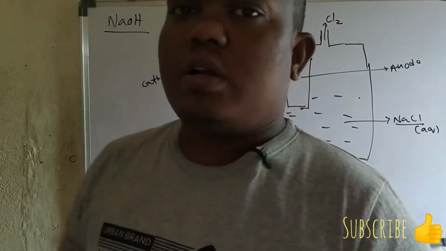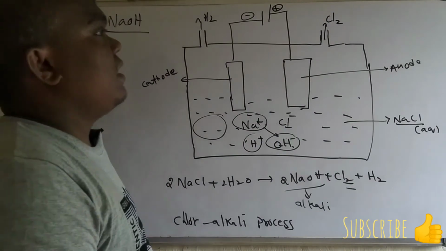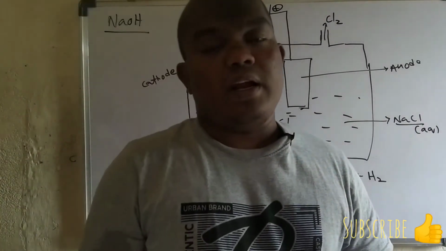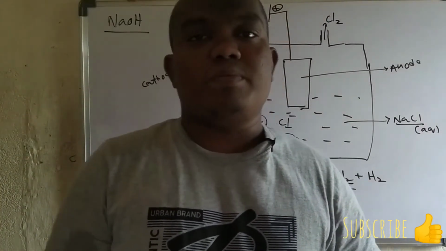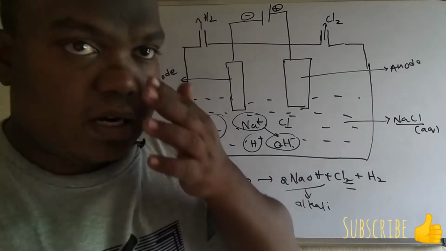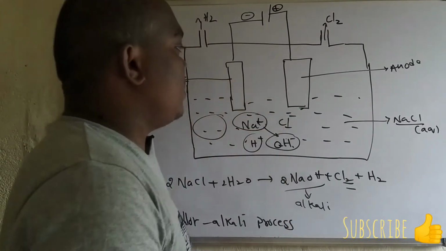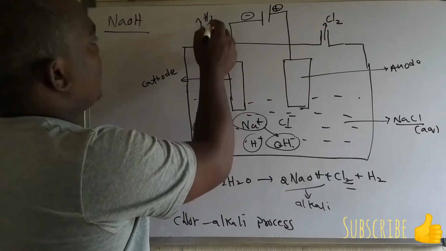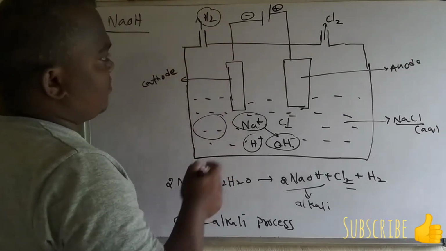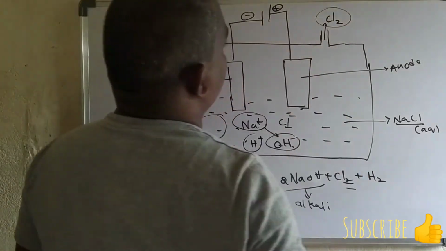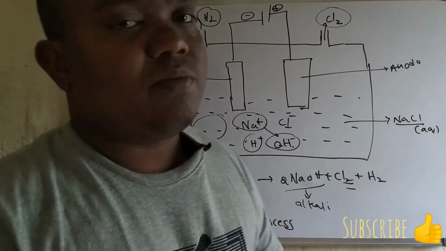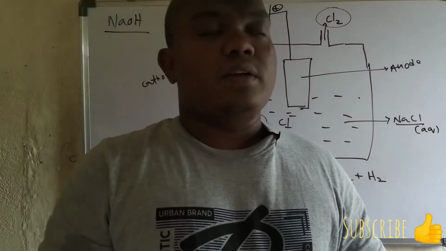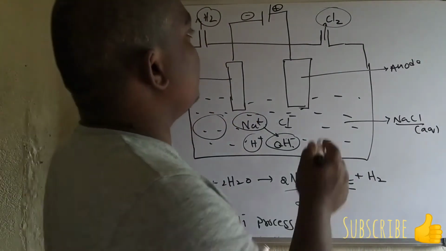Generally sodium hydroxide is used in degreasing metals, and sometimes in soaps and paper industries also. Now the byproducts of this reaction are hydrogen and chlorine, and they also have some usefulness.